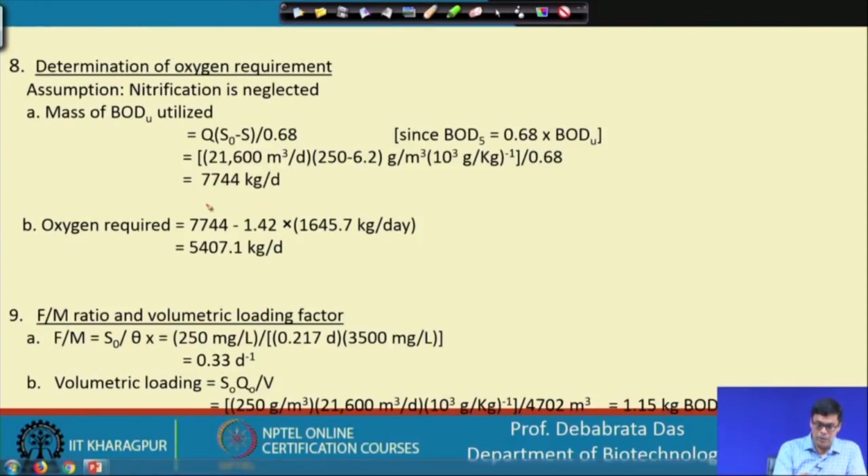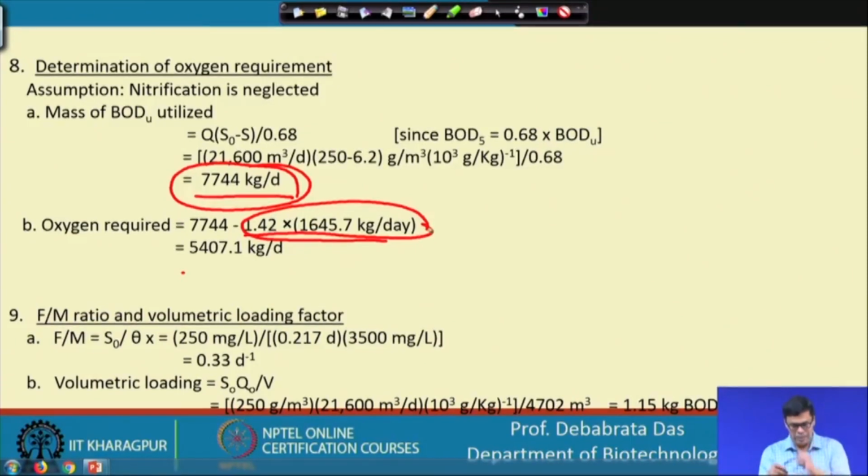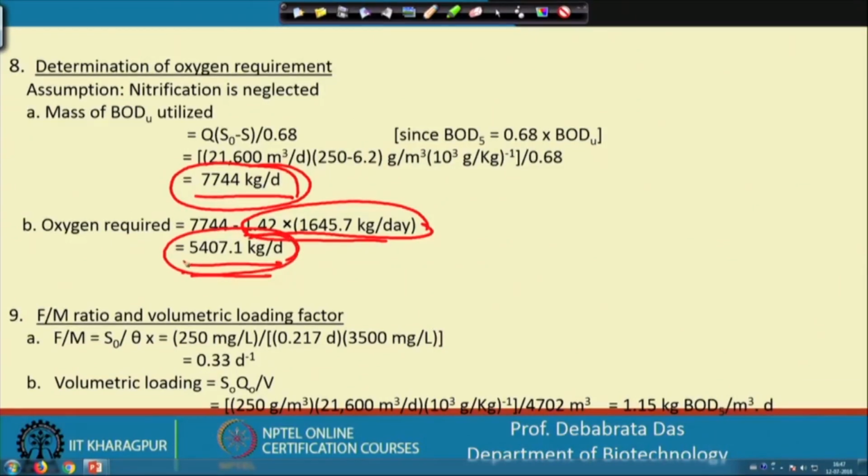From that we can find out how much BOD, the biochemical oxygen demand, has been consumed, but some cells remain in the system. Whatever oxygen those cells require for their further degradation has to be deducted to get this value. This is the ultimate oxygen that is required.